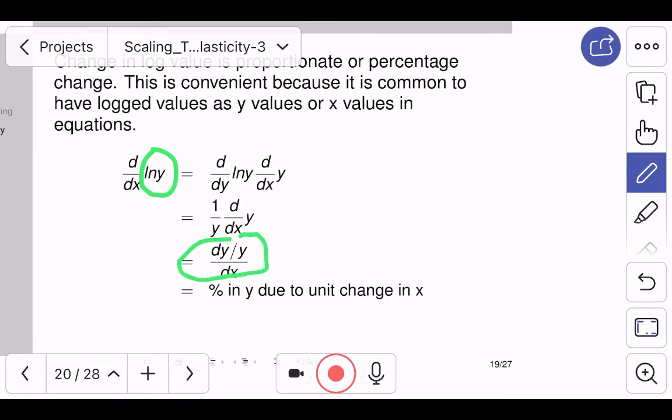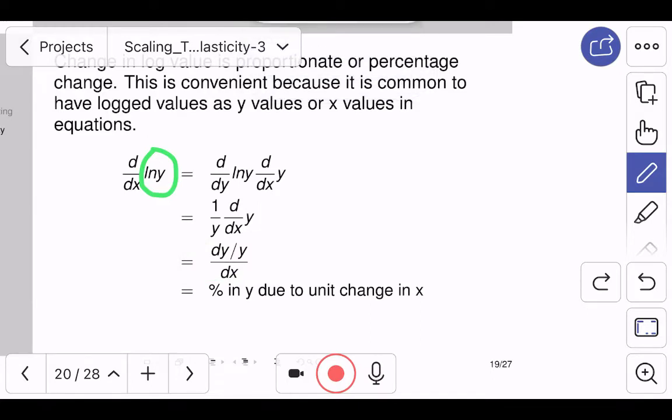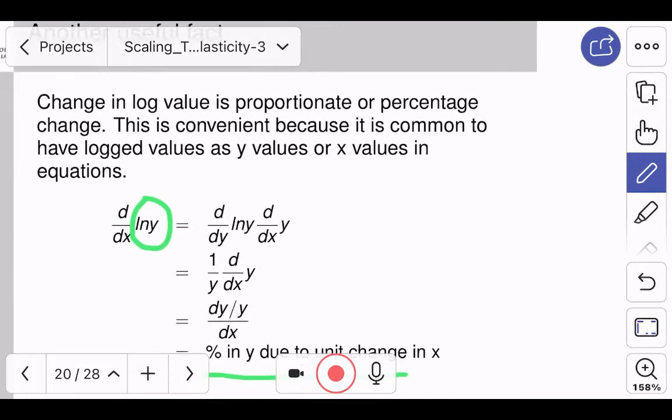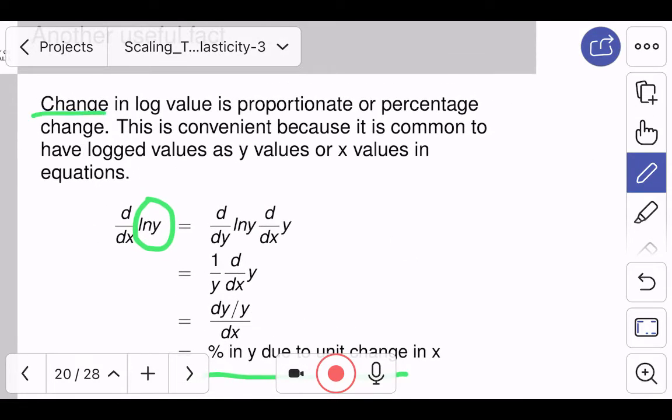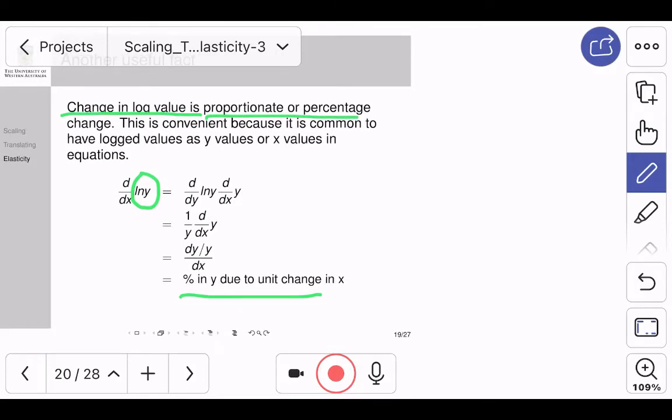It becomes the proportionate change in y as a result of change in x, and that simply means the percentage change in y due to a unit change in x. So the main thing here is you can think of the change in logged value as a proportionate or percentage change. And this is a useful fact that we'll be exploiting.